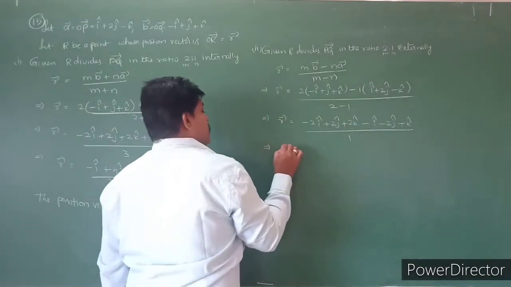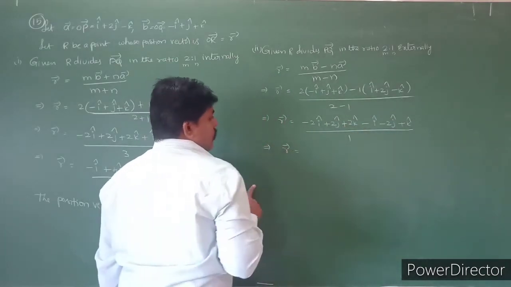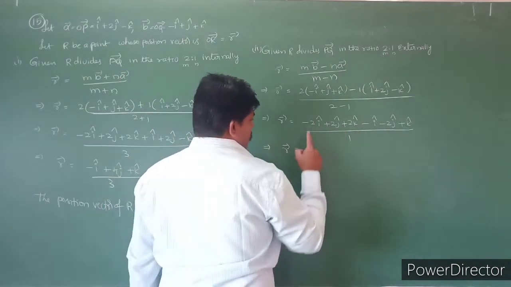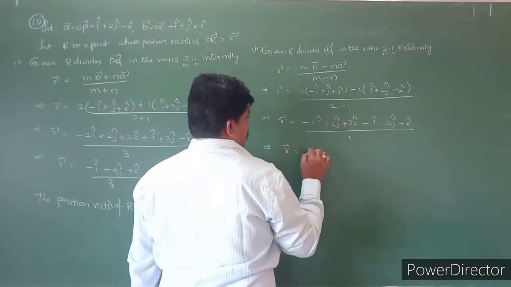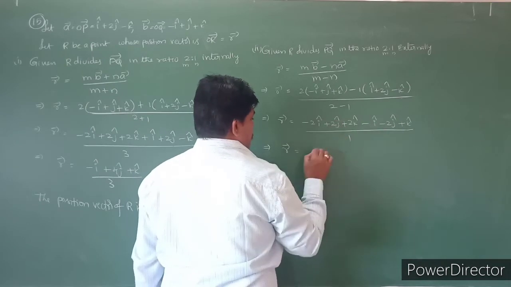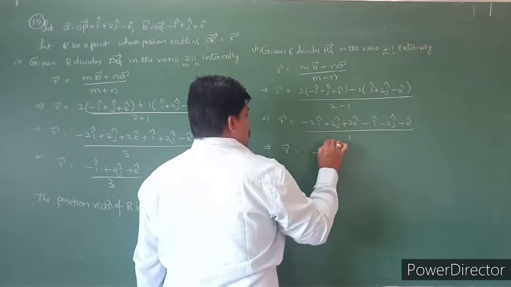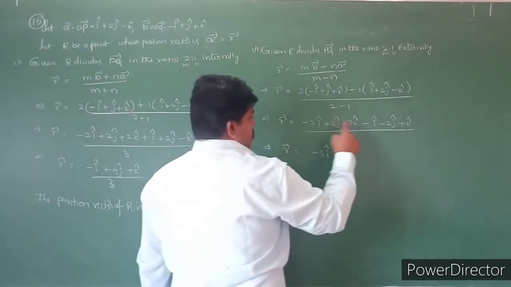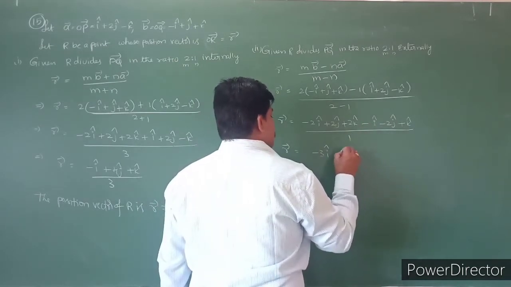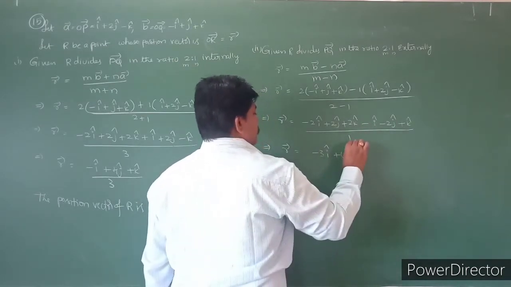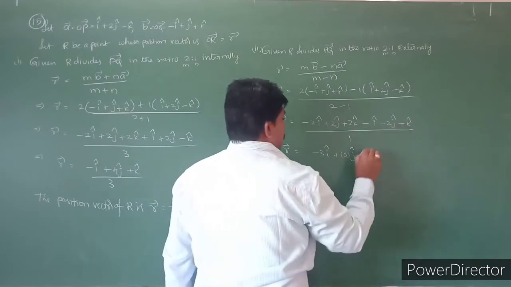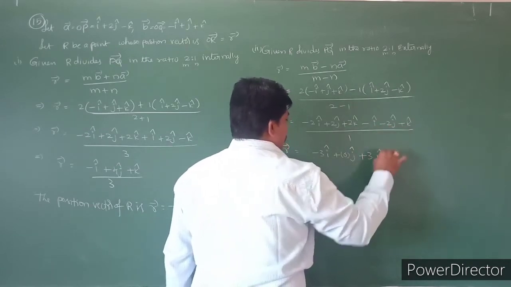So r bar is equal to minus 2 minus i, that is minus 2i minus i, that is nothing but minus 3i, minus 2j plus 2j will be cancelled, that is 0j, and 2k plus k, that is nothing but 3k cap.